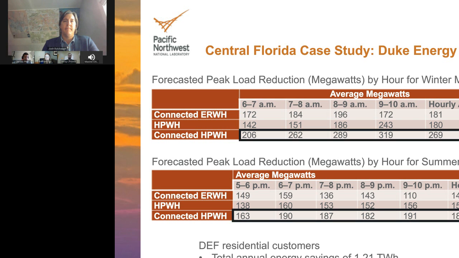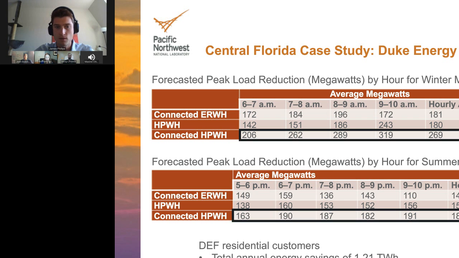One more for you, Josh. Was the 1.2 terawatt hours energy savings for residential customers an energy consumption saving? Yeah, so that's the energy savings from the heat pump water heater, but those are not the energy savings from the load shifting.